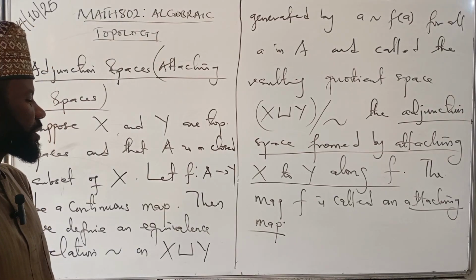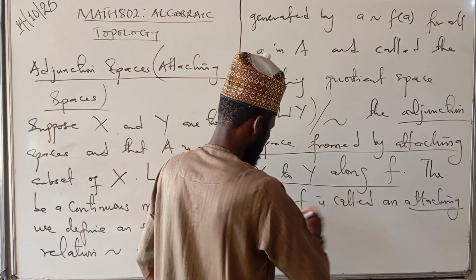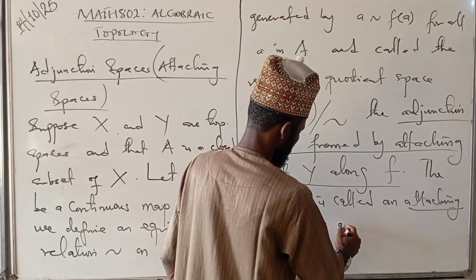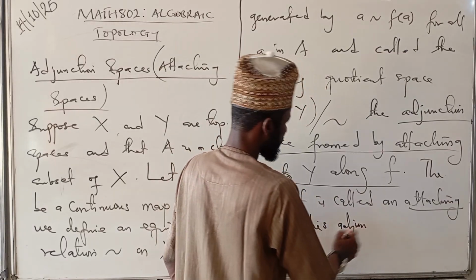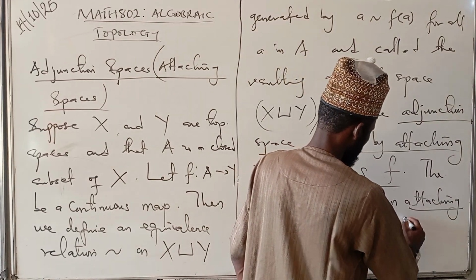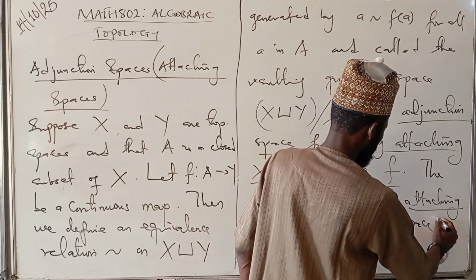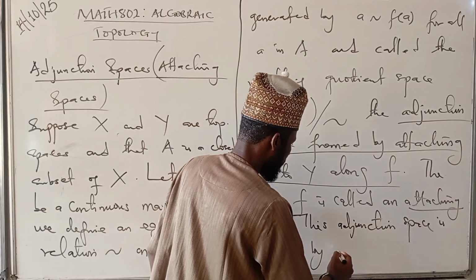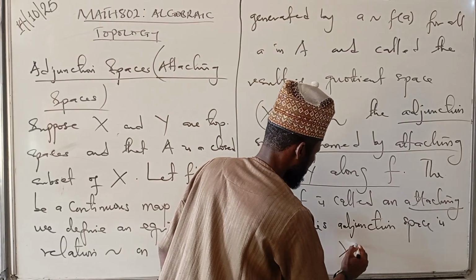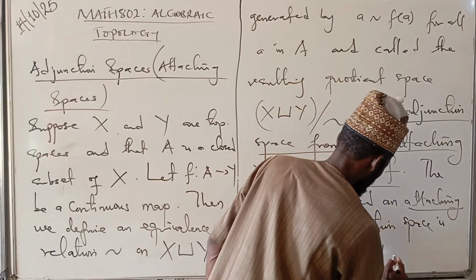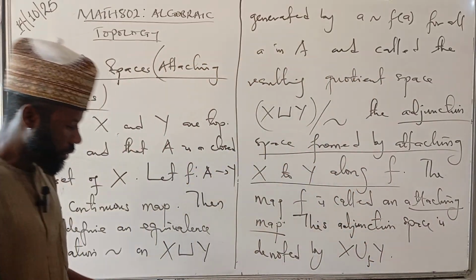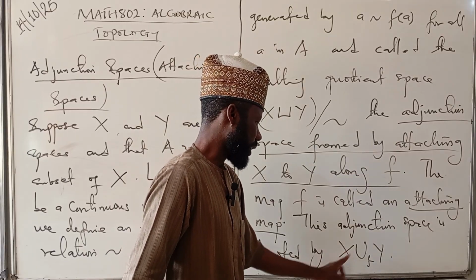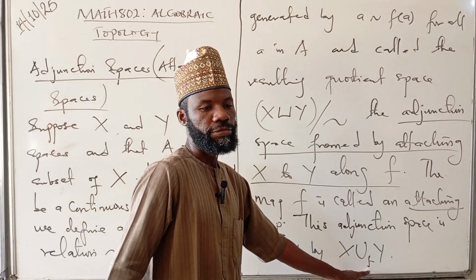The adjunction space is denoted by X union_f Y, the adjunction space obtained by attaching X to Y along f.